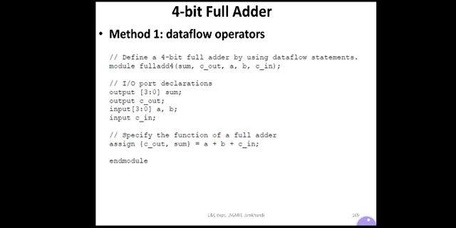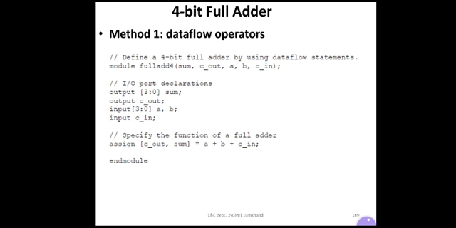The declaration part will be the same in any type of modeling, whether it is data flow modeling, gate level modeling, or behavioral modeling. So here in data flow modeling, we declare the module name as full add 4.